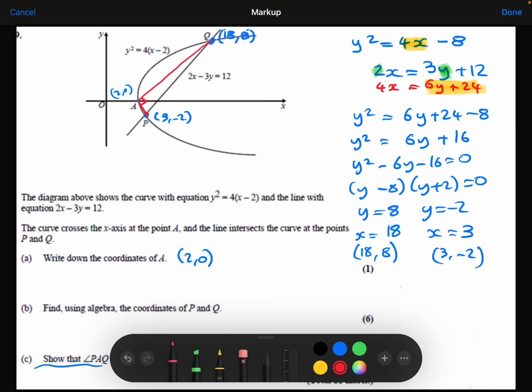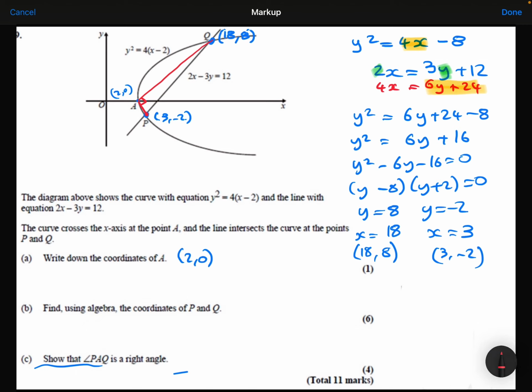Well, the easiest way to do that is to show that we have the two gradients that multiply to make minus 1. Right angle means perpendicular, which means negative reciprocal gradients, or when you multiply the two gradients, you'll get minus 1. Whenever we want to show things are perpendicular or meeting at a right angle, this is the way you want to do it. Most of the time, anyway.